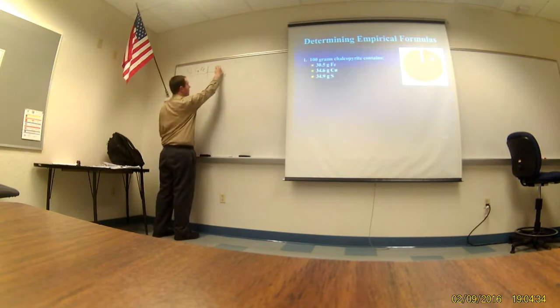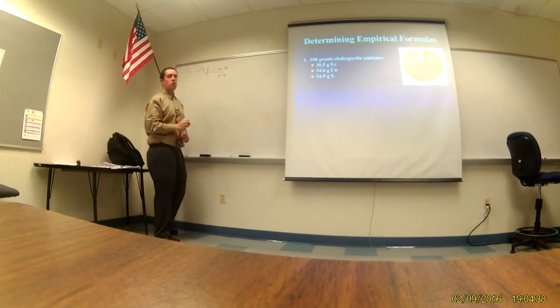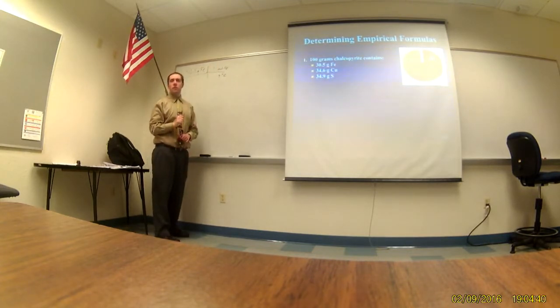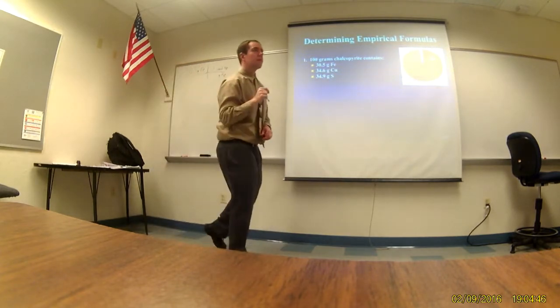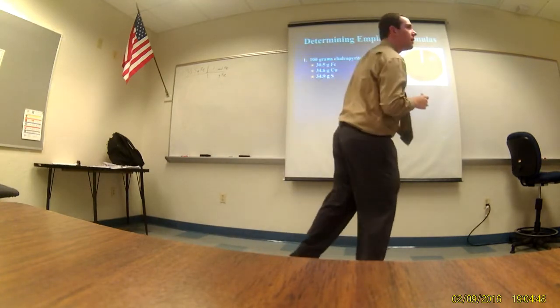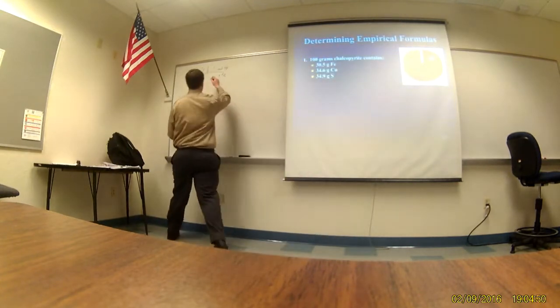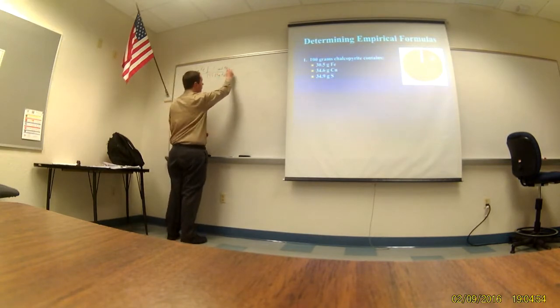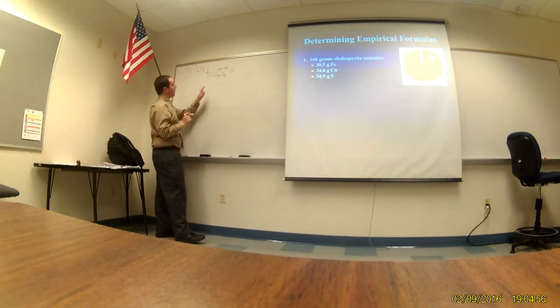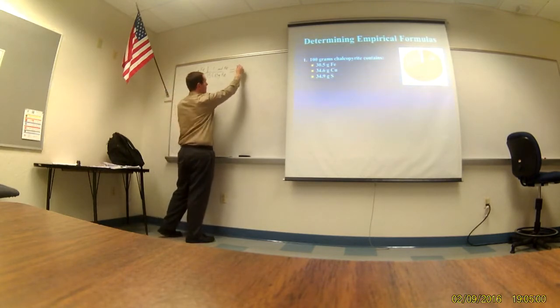Grams of iron, moles of iron. 1 mole of iron weighs how much? 55.85. So it's 30.5 divided by 55.85, which is 0.5461.